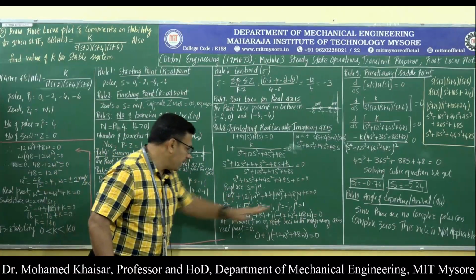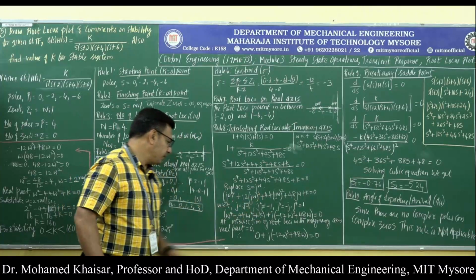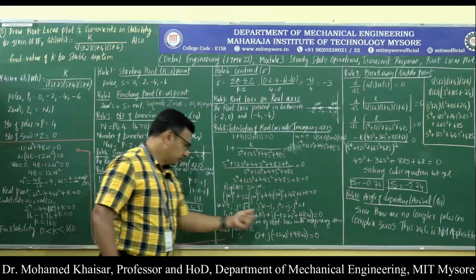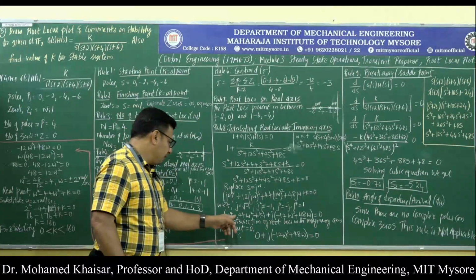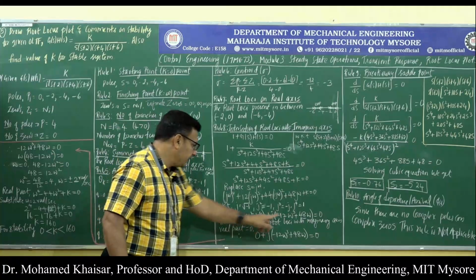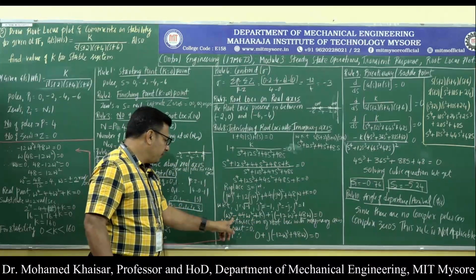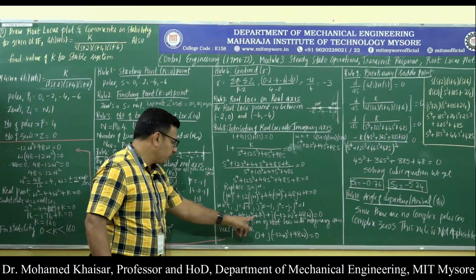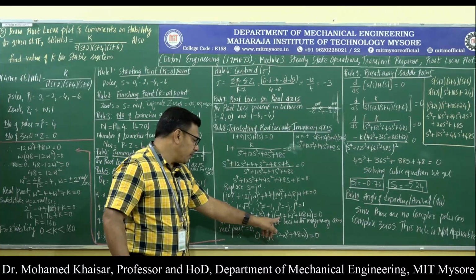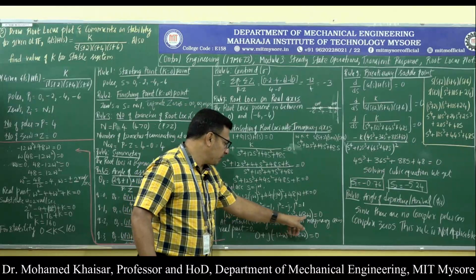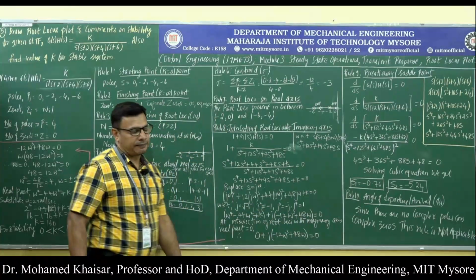Then if we substitute the values of j in this equation, we will end up with one complex function which is given by a real part and an imaginary part. Real part is omega raised to 4 minus 44 omega square plus k, and imaginary part will be minus 12 omega cube plus 48 omega, j will remain.